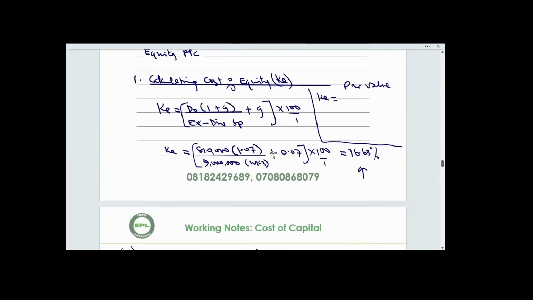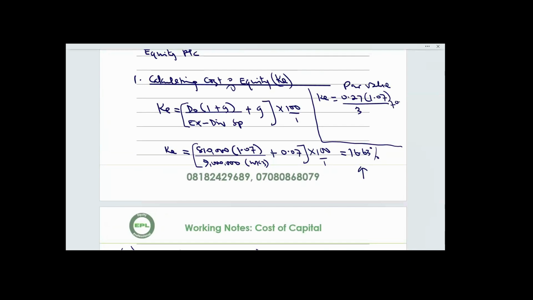I just want to demonstrate that whether you use power value or absolute value, you get the same thing. So here is 0.27 multiplied by 1 plus the growth rate, which is 1.07, then divided by share price. We have calculated share price to be 3 naira. Then plus the growth rate of 0.07.